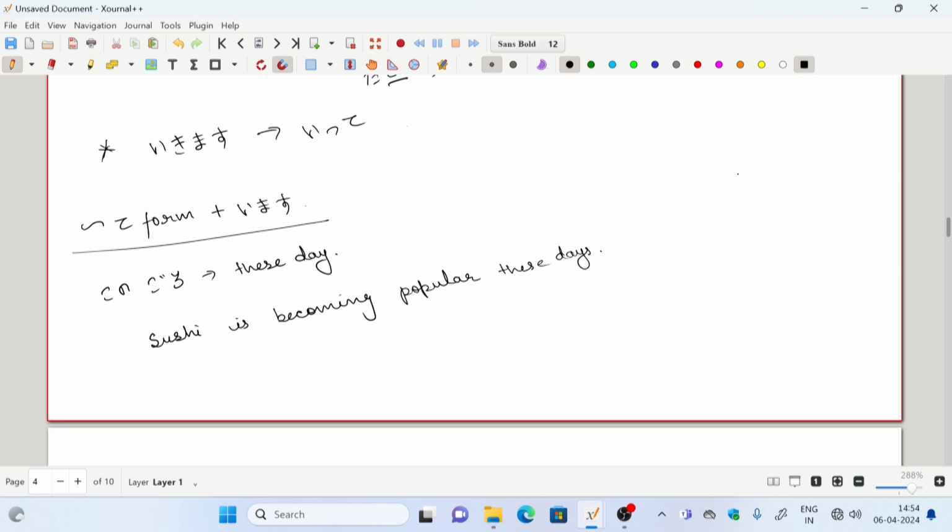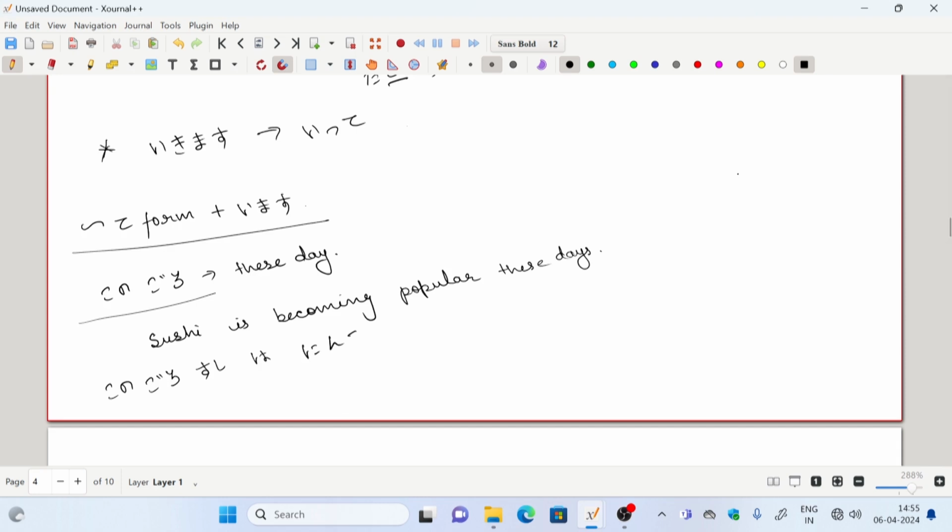Then we can say, since it is these days, we will add it first, konogoro. Sushi wa hayatte imasu, or ninki ni natte imasu.